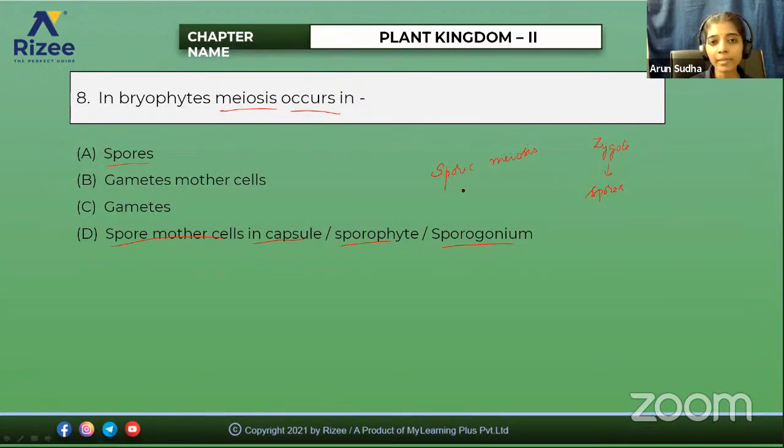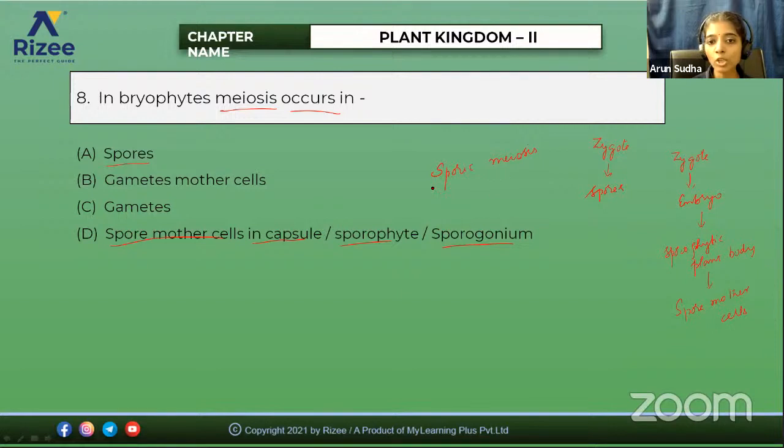But here in the case of Bryophytes, the zygote forms the embryo, then it forms the sporophytic plant body, and in the sporophytic plant body, the capsule contains the spore mother cells, and these spore mother cells produce spores.